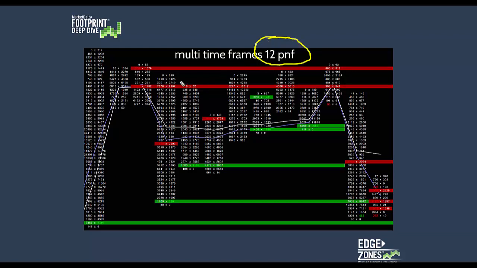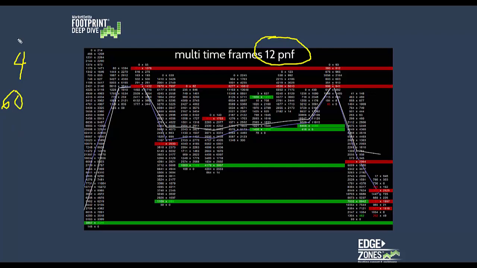Now, PNF stands for point and figure, and I'm not a point and figure expert. I could have done a point and figure video as part of this course, but it's pretty simple. If this was a 4 PNF chart, it's a smaller time frame. If this was a 60 PNF chart, it's a much higher time frame.